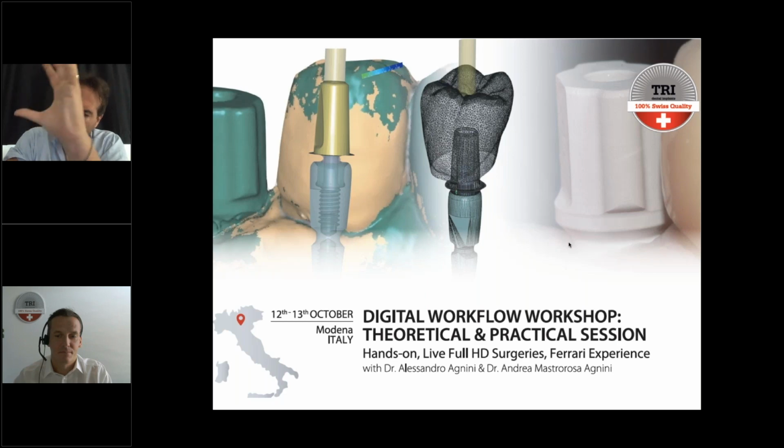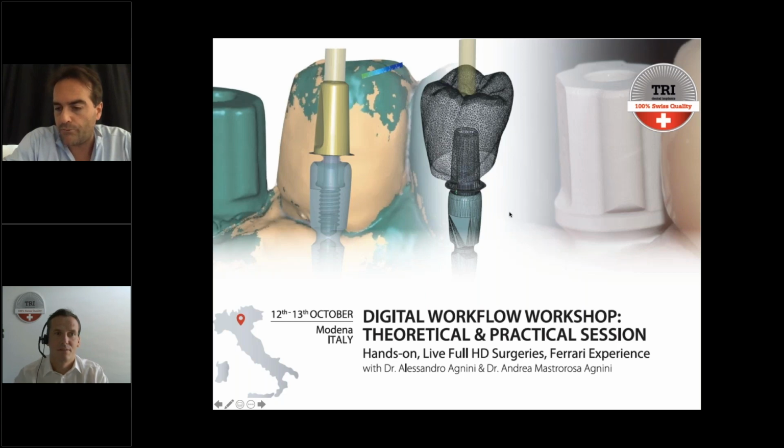It's going to be a single implant, not something complicated, on top of which we're going to take a digital impression, and you will see from A to Z how we take the impression, but also how the lab technician is elaborating first and producing after the PMMA provisional restoration to immediately load on the patient.